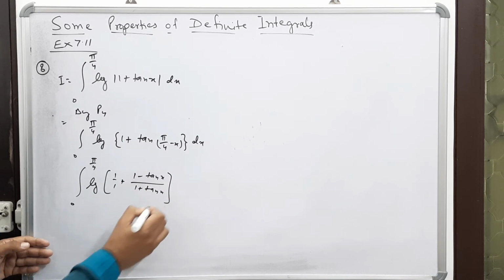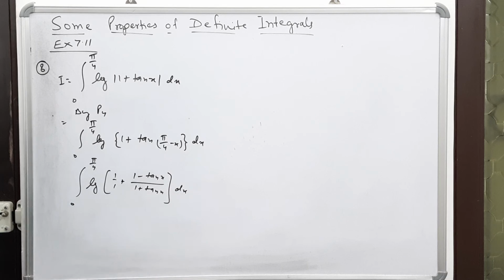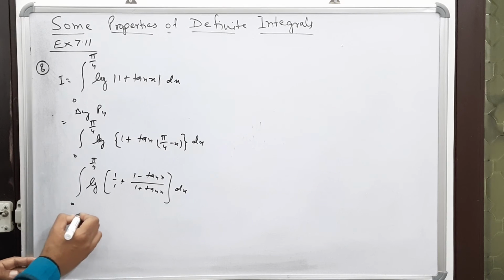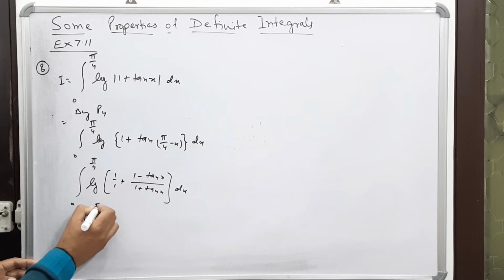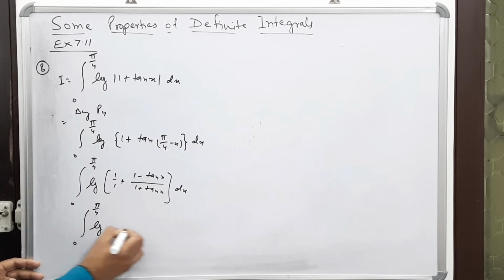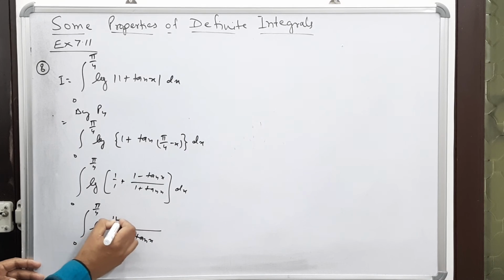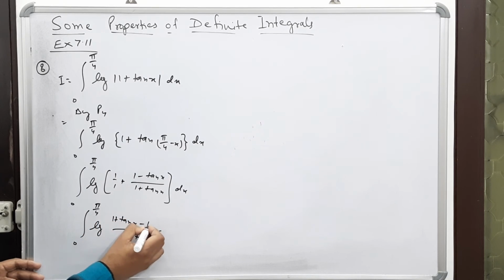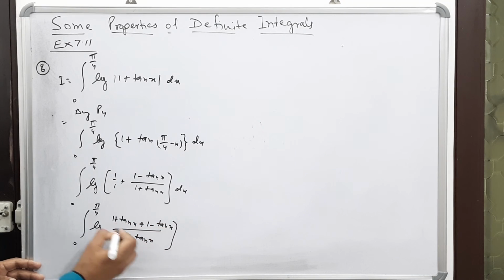You know about this formula of trigonometry. So in the next step, we take the LCM. 0 to pi by 4 log. The LCM is 1 plus tan x. So it is (1 plus tan x) plus (1 minus tan x) dx.